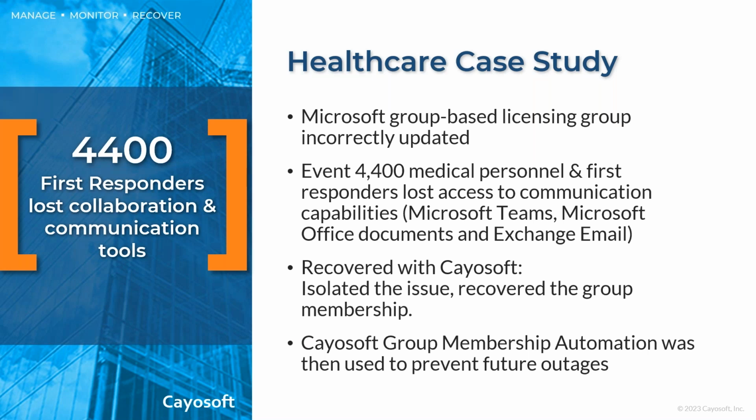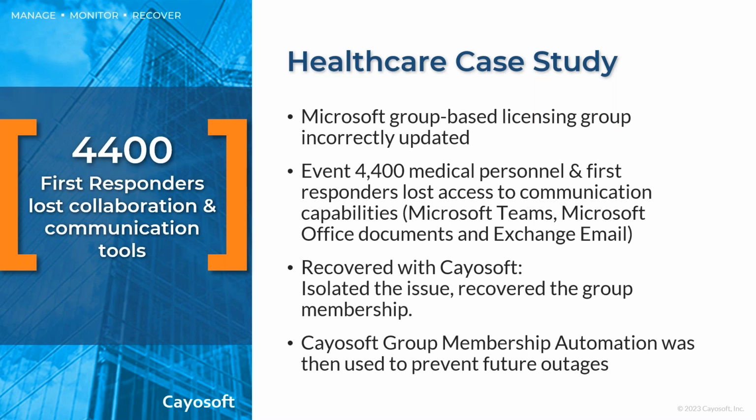We just happened to be in a proof of concept with them at that time. They called our engineer on a Saturday or Sunday afternoon. We hopped on a WebEx and quickly found the group based on the first user that called and complained, clicked rollback, and it rolled back the membership and resolved the issue within a couple of minutes.